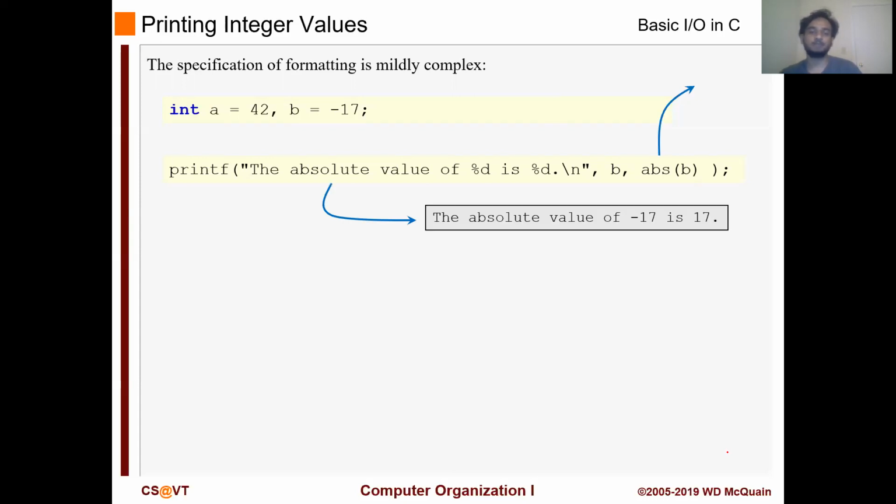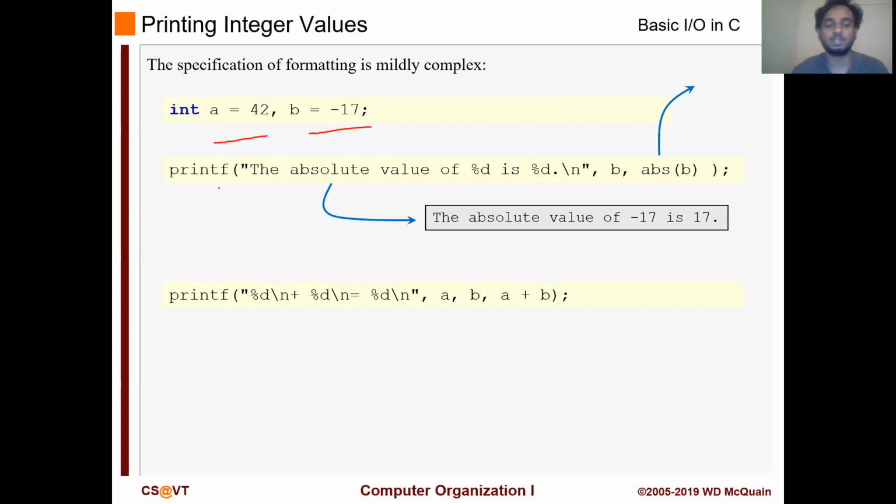So now we are going to print a function's variable value as well. So we declare them just like before. Then we write something like printf, the absolute value of an integer is another integer and a new line. So as before, this integer is going to come from the first parameter.